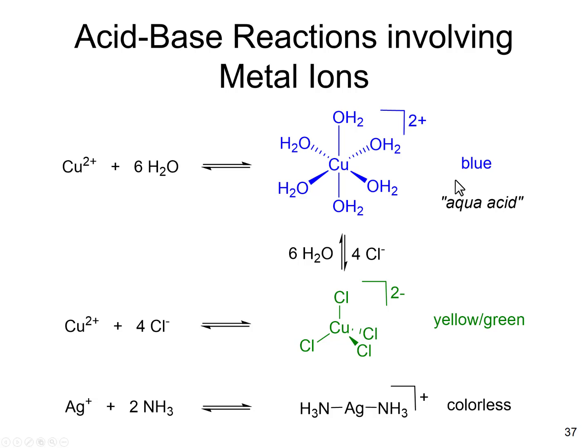So coordination chemistry has many examples of very colorful compounds. This reaction, which we call a ligand exchange reaction, is also a Lewis acid-base reaction. The Lewis base is the chloride that brings in its lone pair, and the Lewis acid is the copper ion again. You can also create this tetrachloridocuprate complex directly by mixing copper 2+ ions with a chloride source.